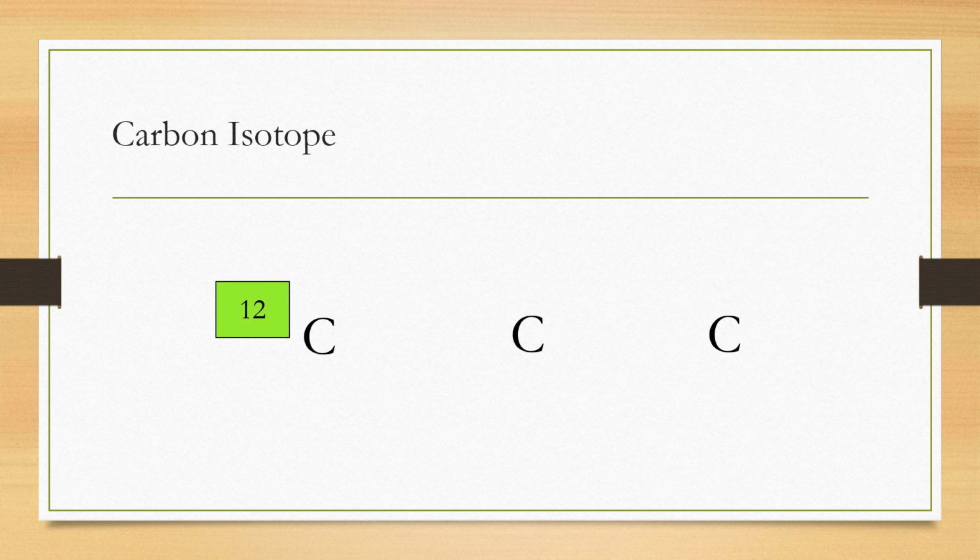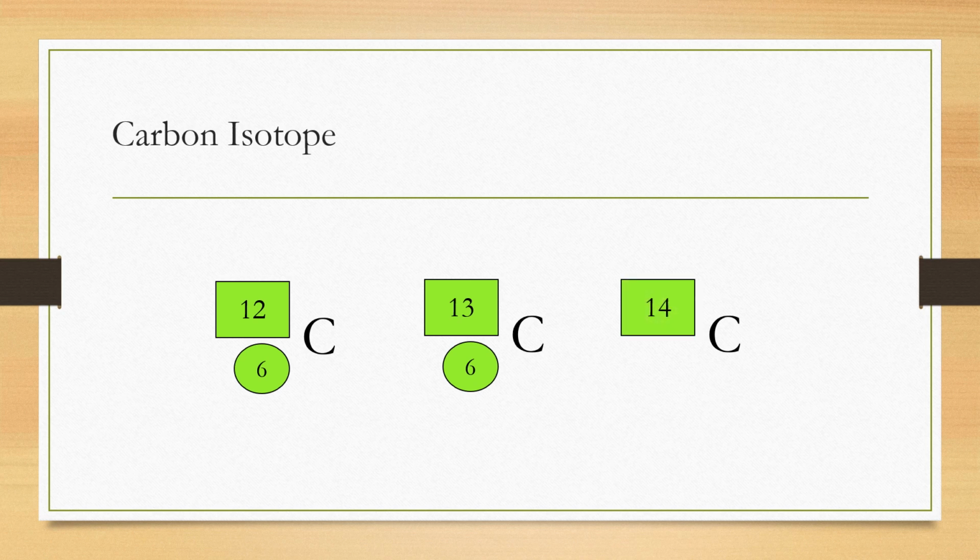The first carbon possesses nucleon number 12 with 6 protons. The second carbon has nucleon number 13 with the same number of protons. The third carbon has one more nucleon, with 6 protons. What is their difference?